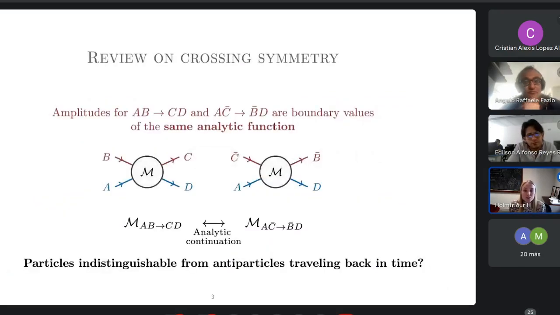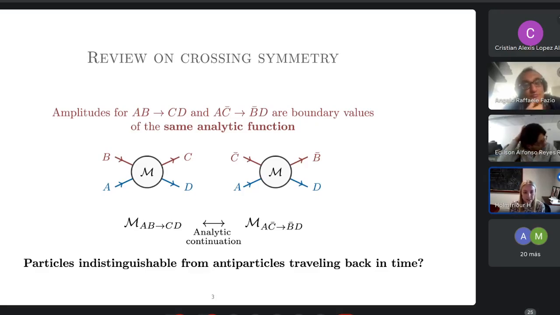So let's start with a review on crossing symmetry. Crossing symmetry tells us that the scattering amplitudes for some processes, let's say AB to CD, and the cross process, which I've labeled here as A C-bar to B-bar D, are boundary values of the same analytic function.